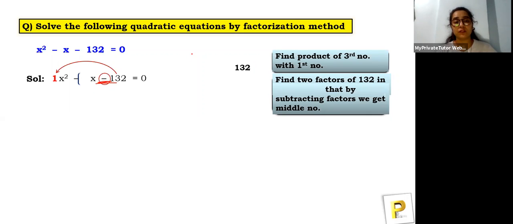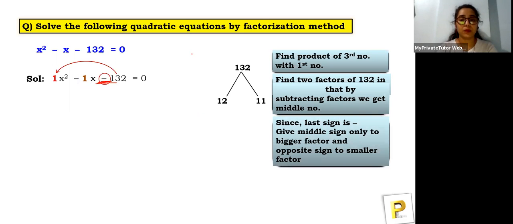Okay, you have to look out for the minus sign as well. So middle term is 1. So by subtraction of those two numbers, you should get 1. So if you find the factors, it's 12 and 11. Okay. Since the last sign is minus, give the middle sign only to the bigger factor and the opposite sign to the smaller factor.